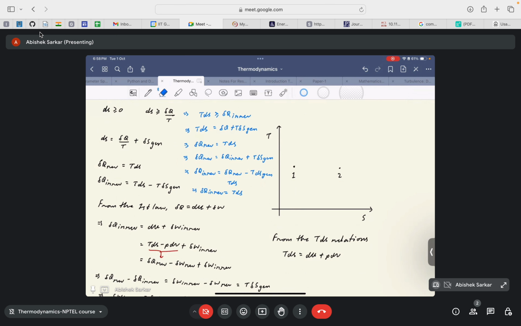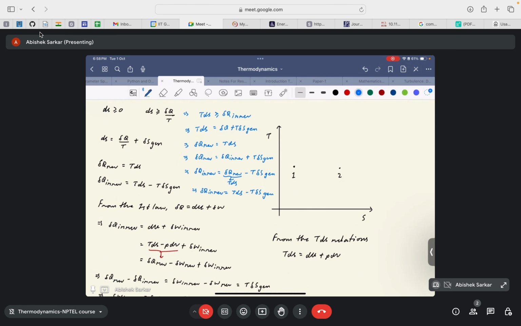Might be confusing, so just TdS minus T delta S gen. Sorry for this bad representation all the time.